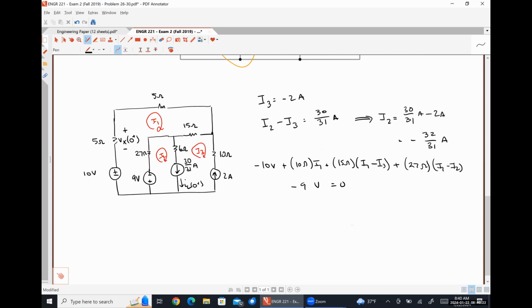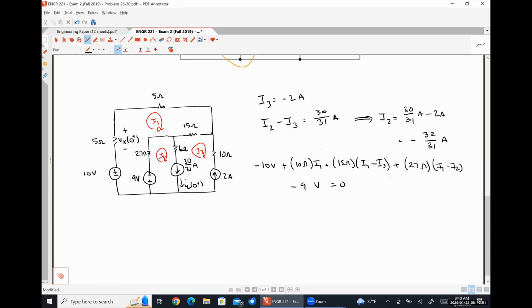In my third equation, my coefficient for I1 is 10 plus 15 plus 27, so that's 52. My coefficient for I2 is negative 27, my coefficient for I3 is negative 15, and my constant term is 10 plus 9, which is 19.